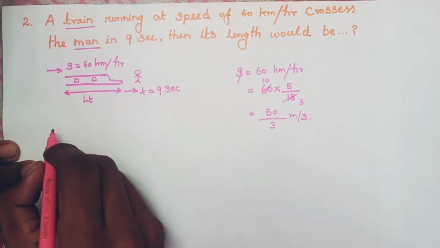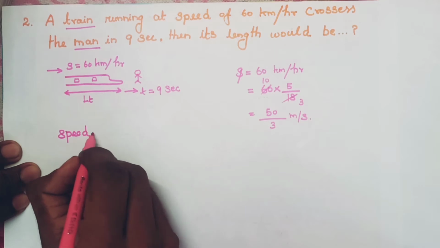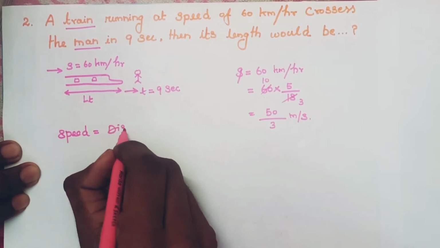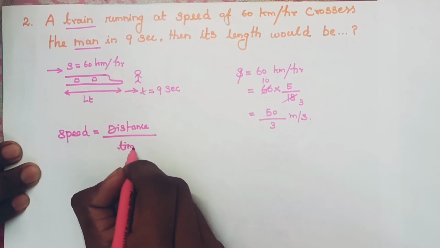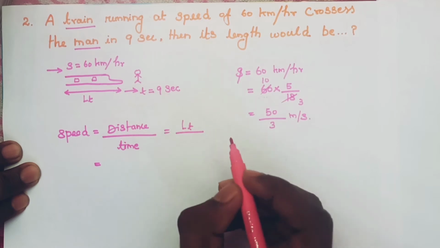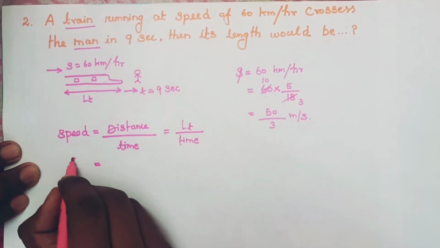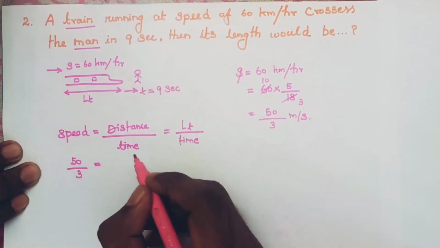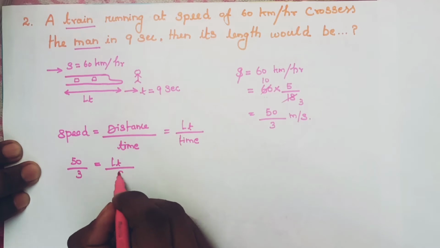Just apply this speed into the formula. What is the formula in the point method? Speed equal to distance divided by time. Here the distance is length of the train. Speed is what? 50 by 3 meter per second. Here the distance we have to find, divided by time, time is 9 seconds.